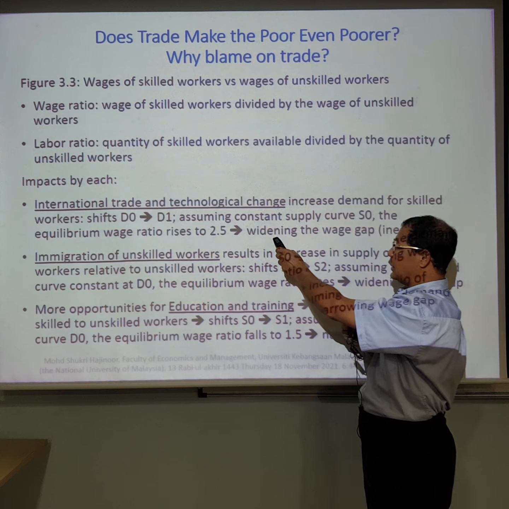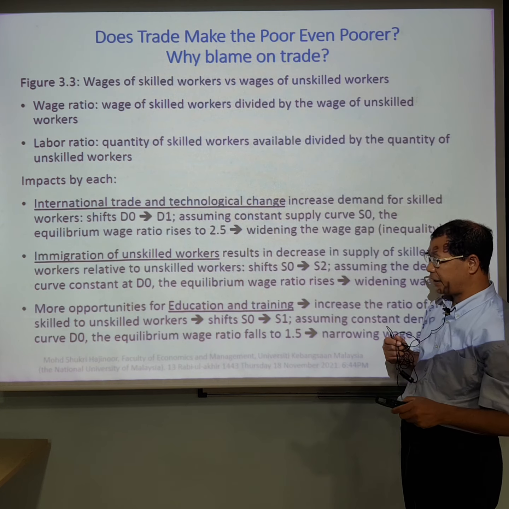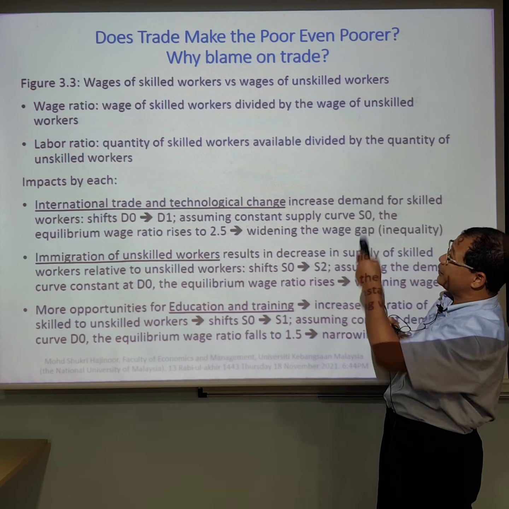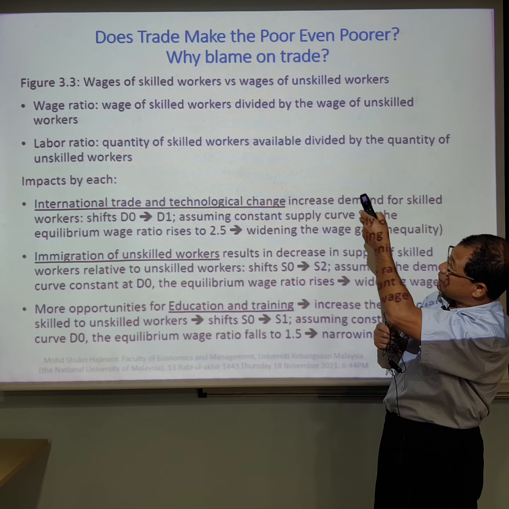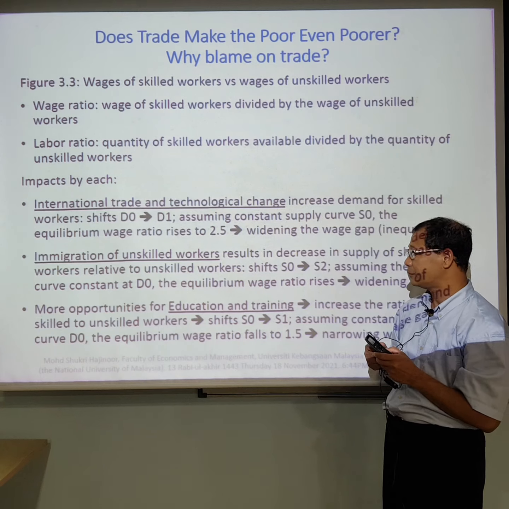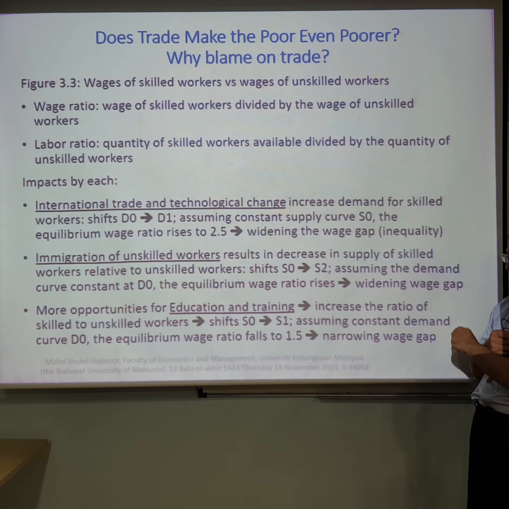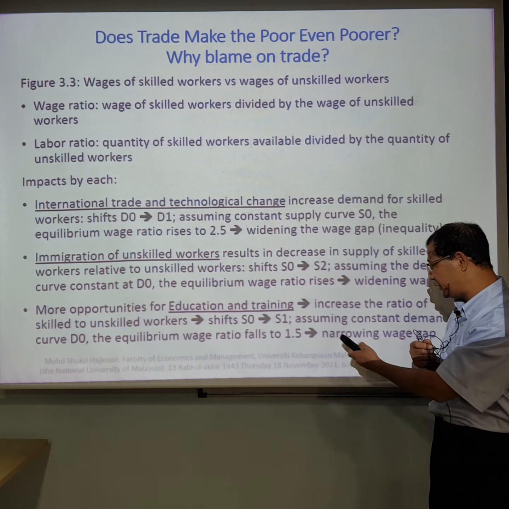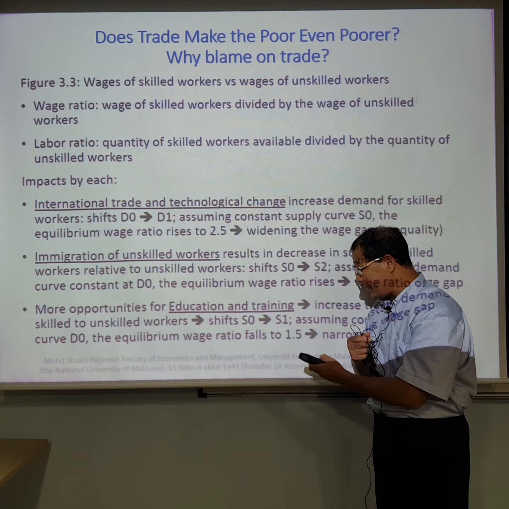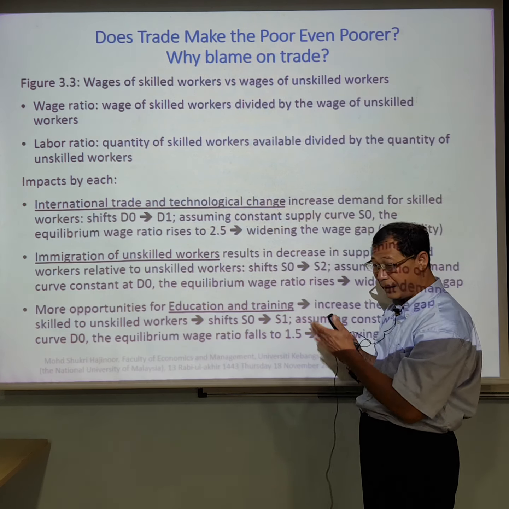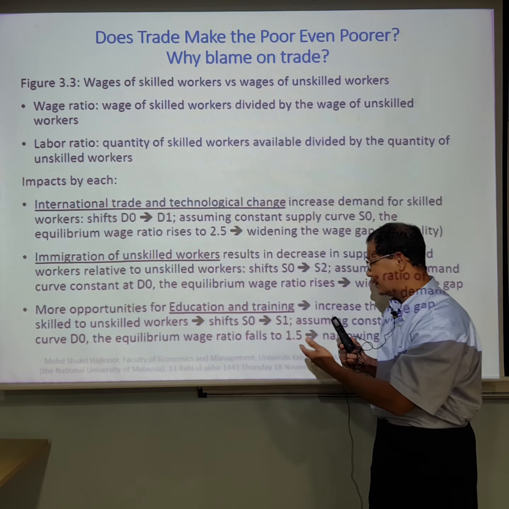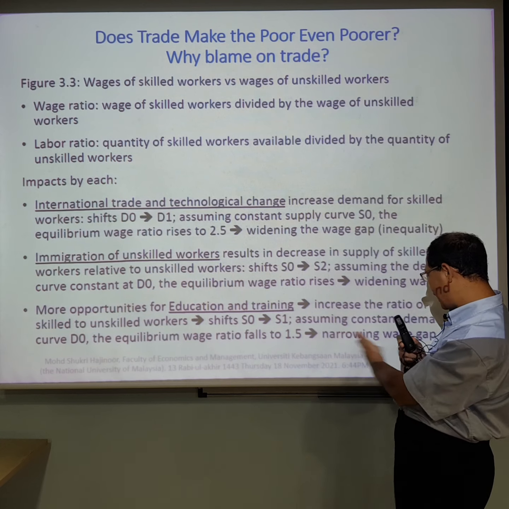So, that was what we got here. International trade and tech change lead to a widening of the wage gap. Immigration also does. So, do not blame trade. Why blame trade? That's my subtitle there. Immigration can also cause a widening of the wage gap. However, on the other hand, education and training will narrow the gap. So it implies that for a country to help the unskilled workers, train them, give them education, retrain them, and that will narrow the gap.